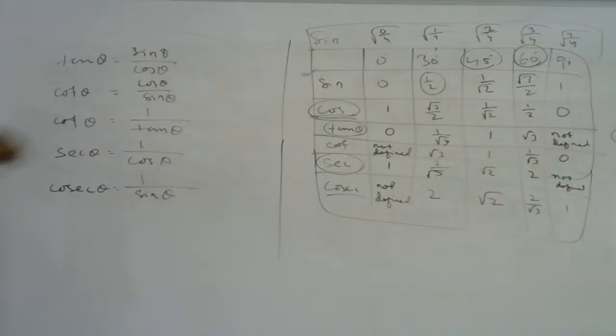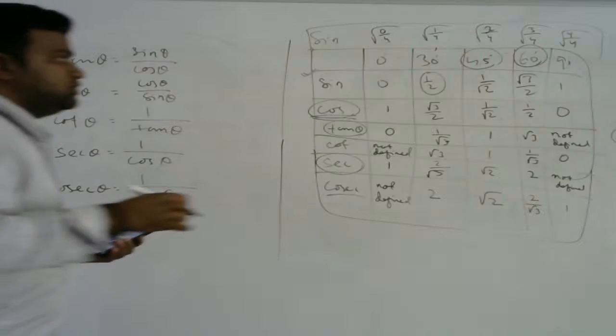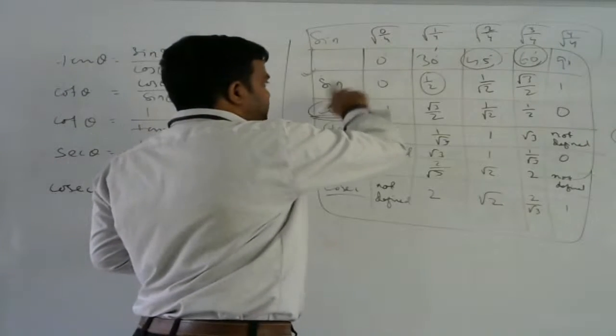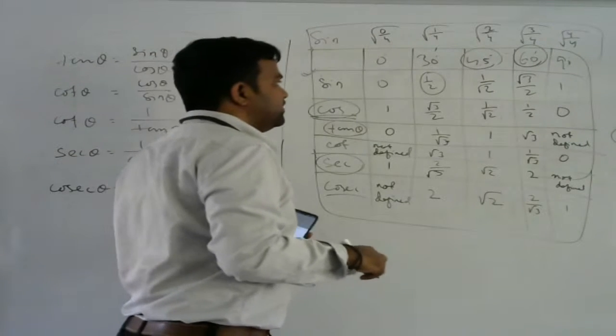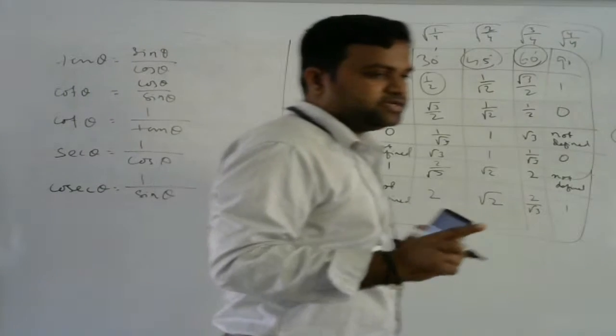Now you try to remember this table. Many times it will be used in solving different problems. So you have to remember this table, or remember these values in a logical way. Suppose you know the value of sine 45 degree, you know that cos 45 degree is the same.